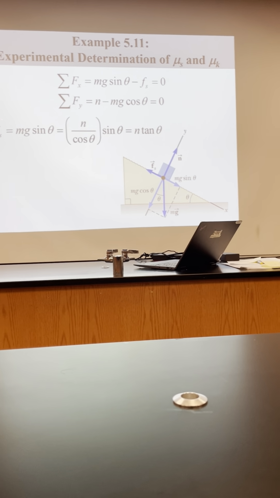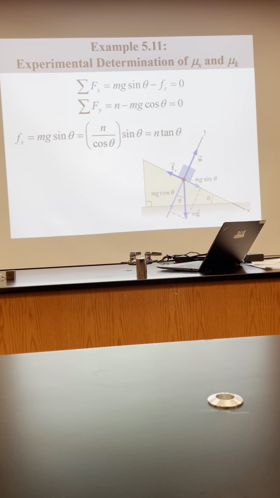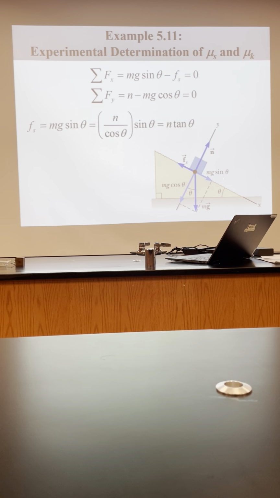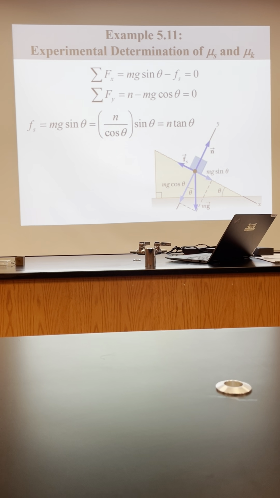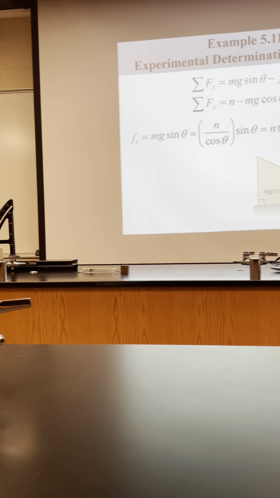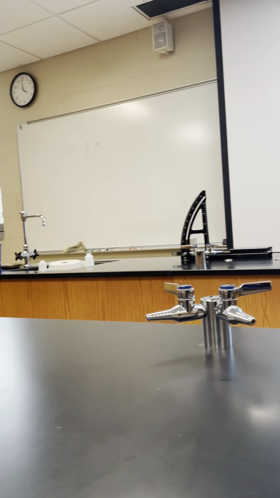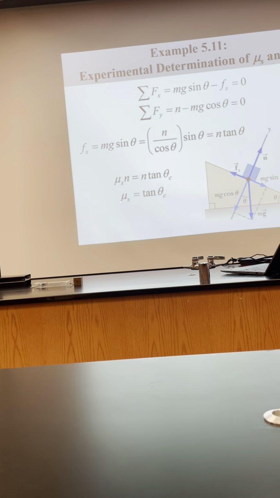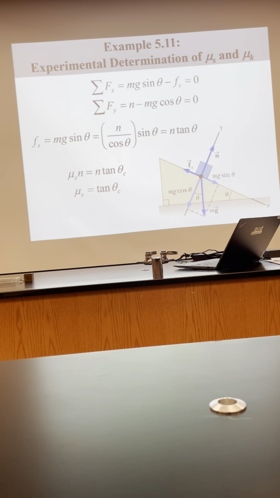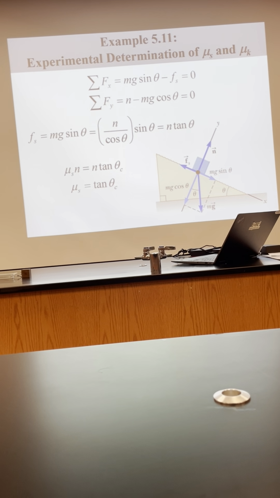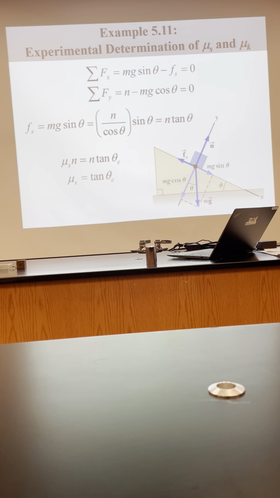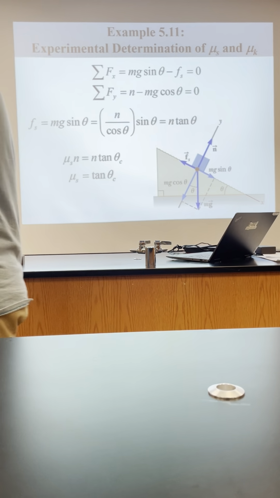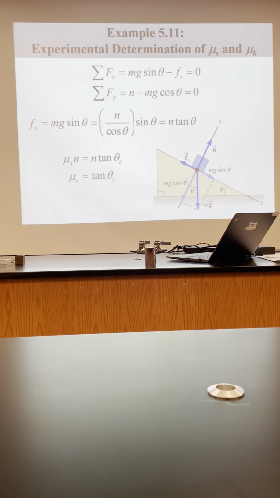We can easily find the friction force given by the normal force multiplied by tan theta. But remember, the friction force is given by the static coefficient multiplied by the normal force. Then it simplifies to mu s, the static coefficient of friction, equals tan theta critical, theta sub c. Theta critical is the angle where the object starts sliding down.